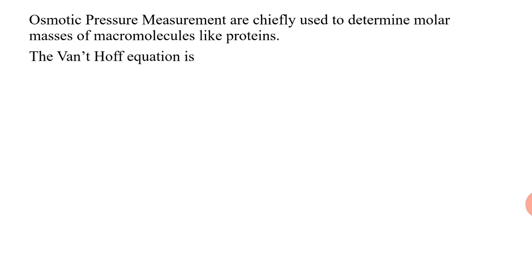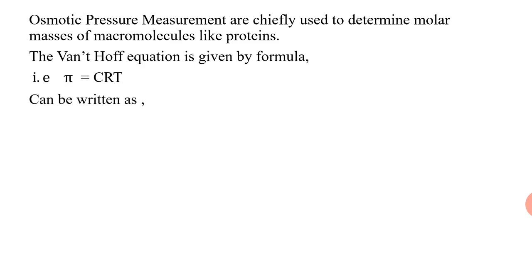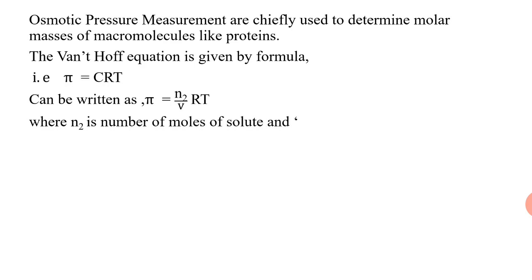The Van 't Hoff equation is given by the formula pi is equal to CRT, which can be written as pi is equal to N2 by V into RT, where N2 is the number of moles of solute and V is the volume.